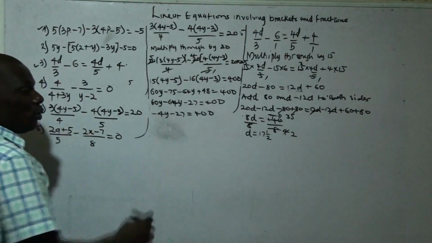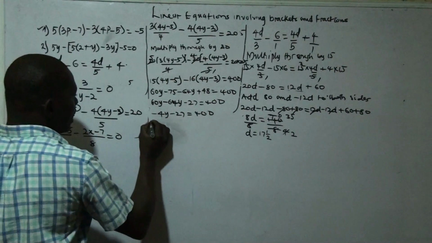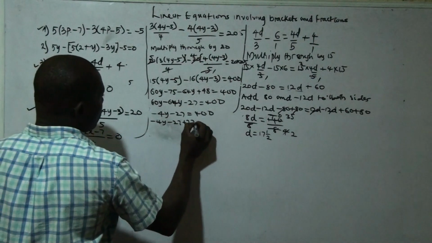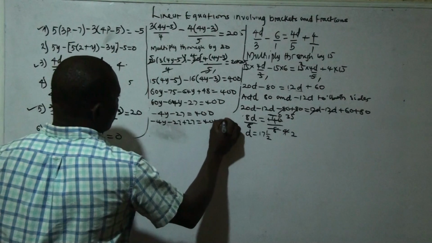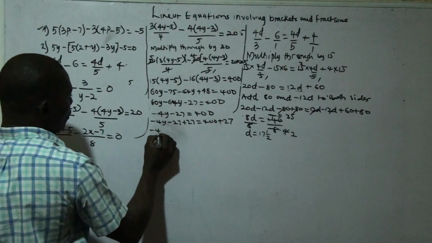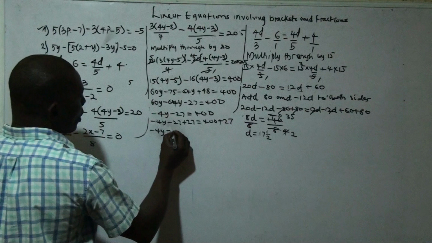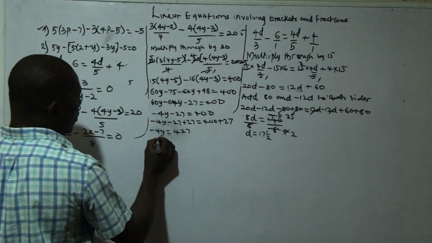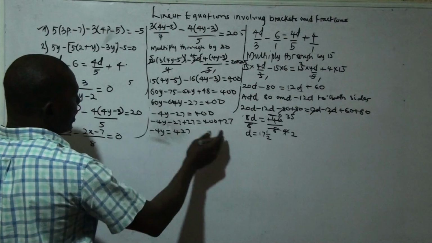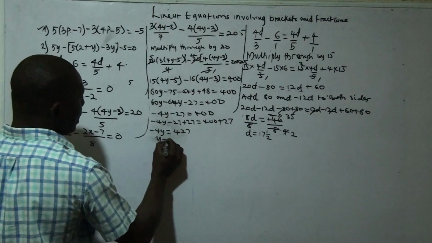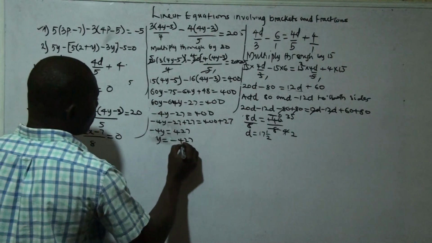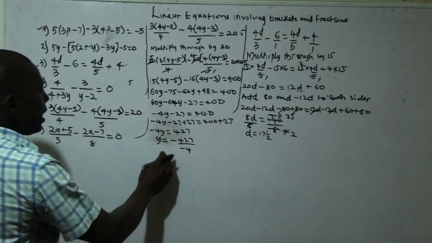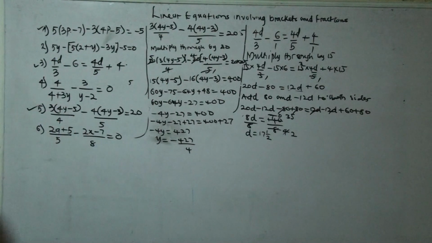So we add plus 27 to both sides, and this becomes minus 4y minus 27 plus 27 is equals to 400 plus 27. So minus 4y is equals to 427. So y is equals to minus 427 divided by minus 4.